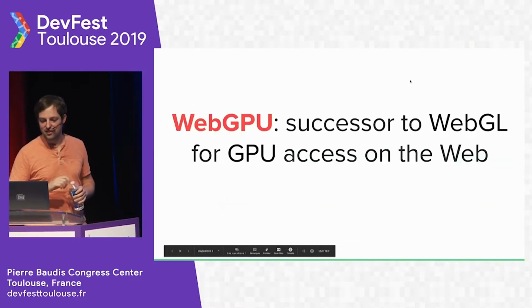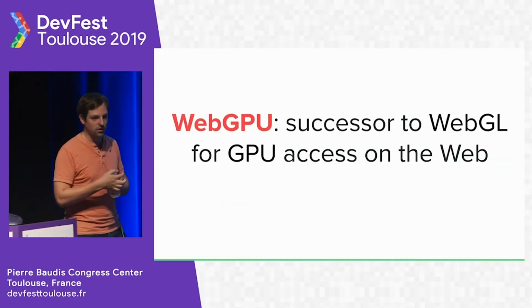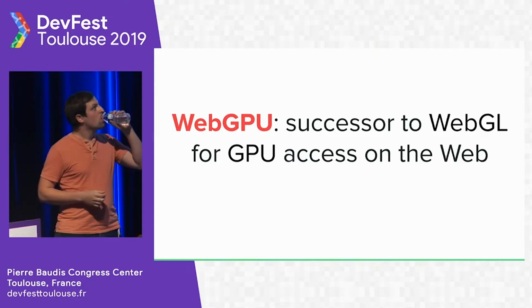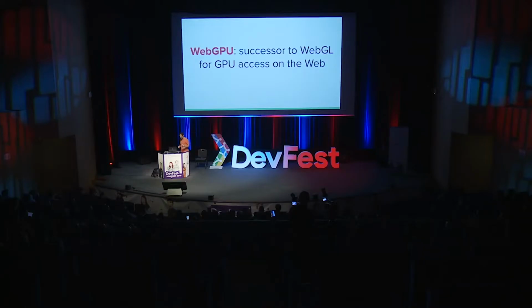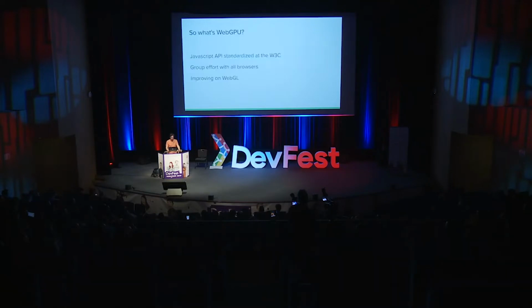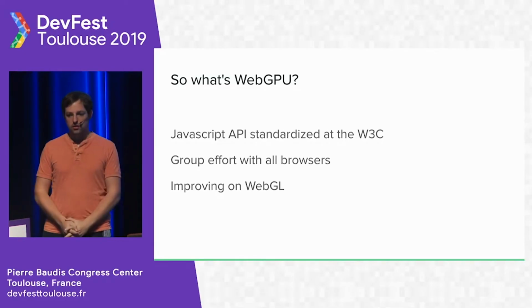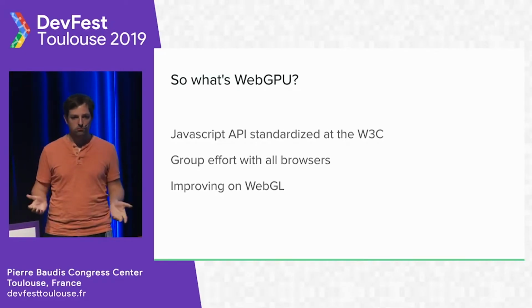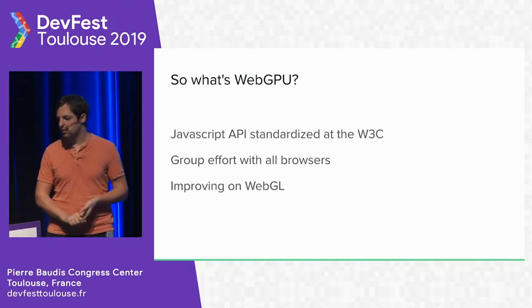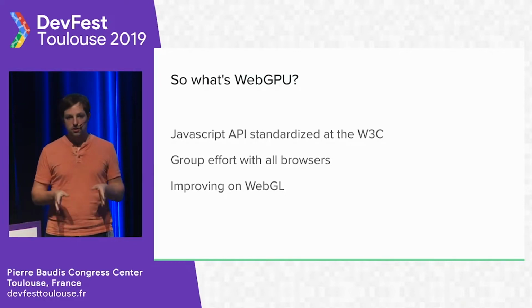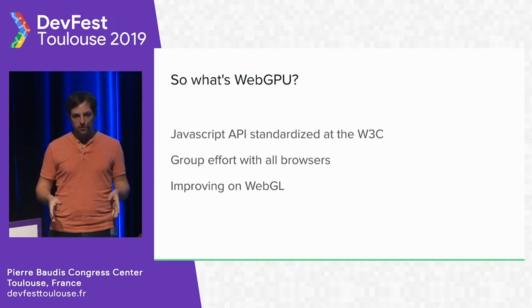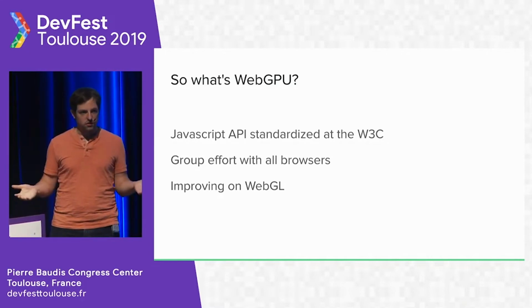And now we're going to talk about WebGPU for the rest of this talk. So WebGPU, it's also a JavaScript API, and it's being standardized at the W3C, where a lot of the JavaScript APIs are being standardized. And what's important here is that WebGPU is a group effort with all the browser vendors involved.